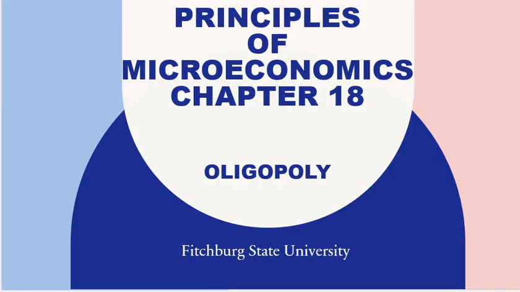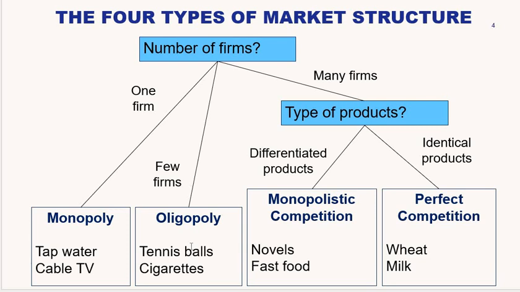And chapter 18 is about oligopoly. If you recall from the figure I showed earlier, where we have four different types of market, oligopoly is right here. It's more like monopoly, except instead of one firm, we have a small number of firms, not large enough to be considered a monopolistic competitive market.